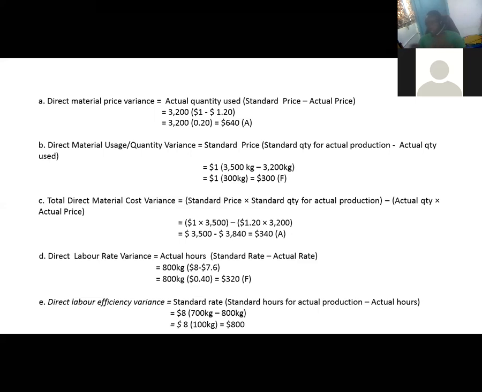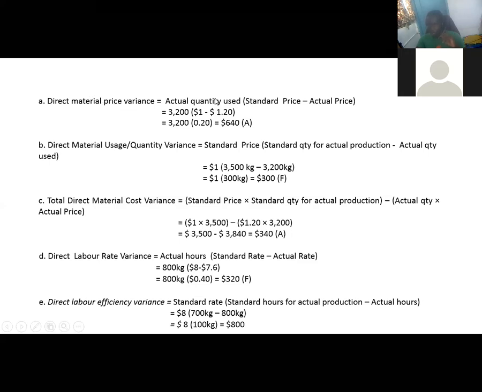Last week, I gave you a clue when it comes to memorizing the formula. I said that usually when you are asked, for instance, here the focus is on what? Material price variance. The focus is supposed to be on price. So when it comes to the items that will be in bracket, it will have to do with the difference between standard price and what? Actual price. Because the focus is on what? Price here. You get it?